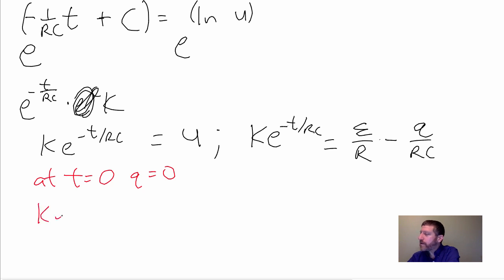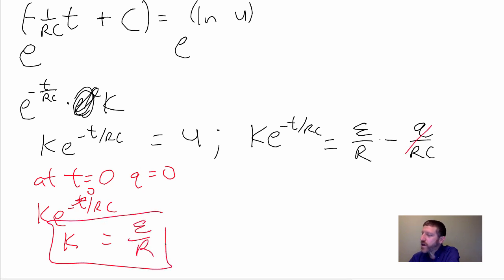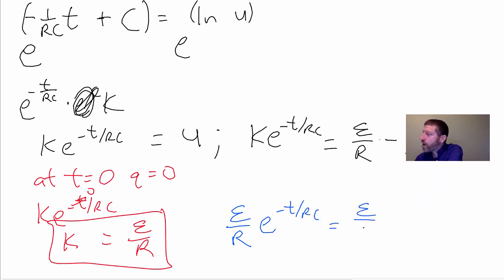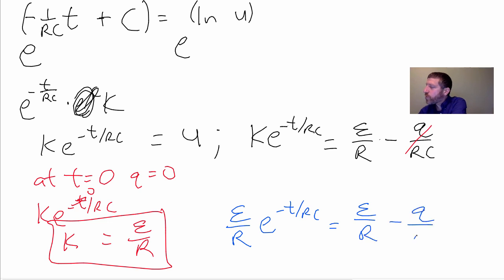So k times e to the negative t over rc, where this becomes 0, means I just get k equals, when q is 0, e over r. K is just e over r, the initial current. So e over r times e to the negative t over rc will equal e over r minus q over rc.